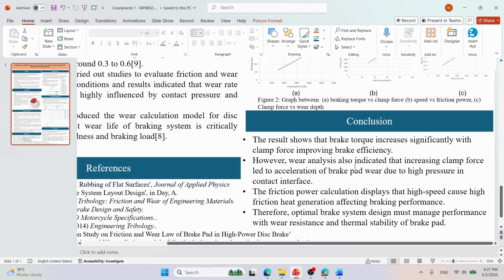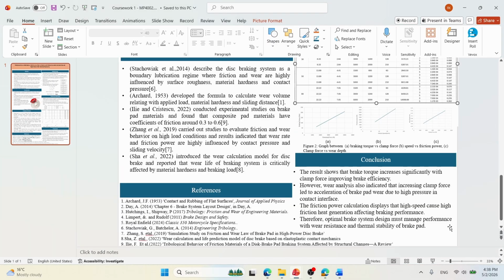So friction power analysis displays that high speed causes high friction heat generation, affecting the braking performance. To design the best braking pad or braking system, we need to use wear resistant, thermal resistant material. Also, we need to use a ventilated system to cool it down.